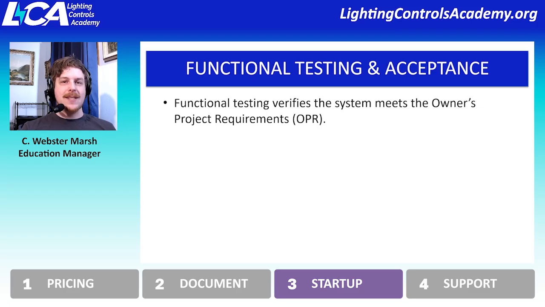But at the end of the day, this is going to look at all of the documents that are pertaining to the lighting control system's functionality and go through it like a checklist and say, does it do this? Yes. Does it do this? Yes. And if it doesn't do something that was stated, then it becomes a problem that needs to be resolved, oftentimes through a punch list.